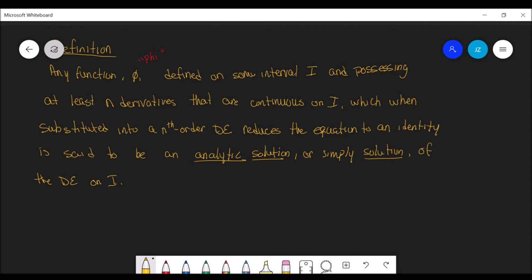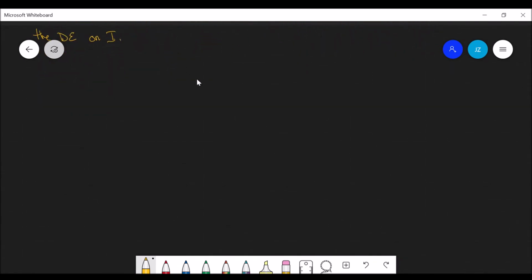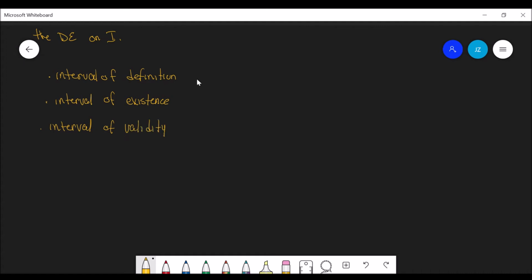This interval, this I, has several names. It can be called the interval of definition, the interval of existence, the interval of validity, or the domain of the solution.